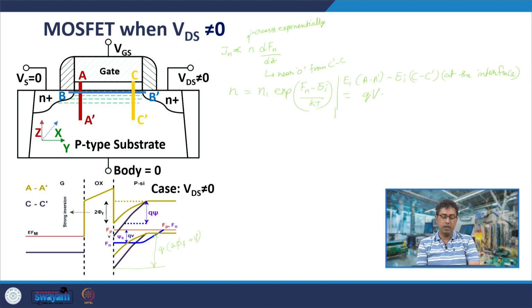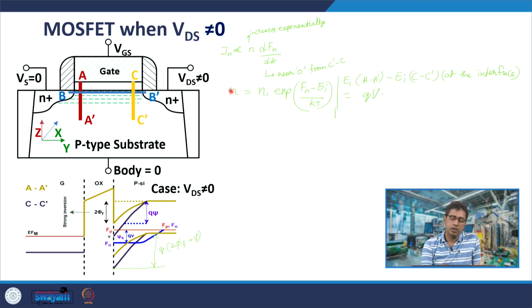If this is qV, and there is channel inversion from B to B prime, the electron concentration would be quite large near B, as well as near B prime. There is an inversion charge all along.